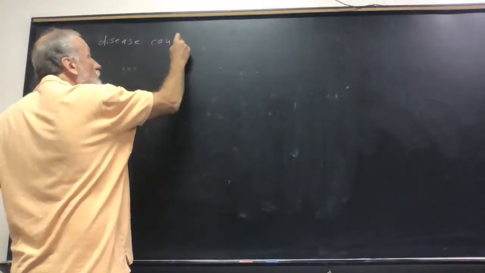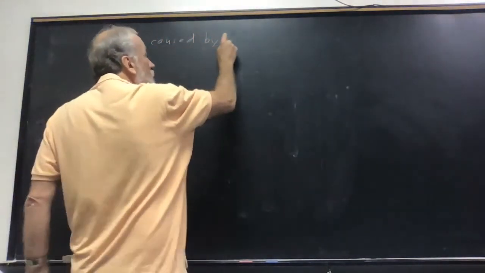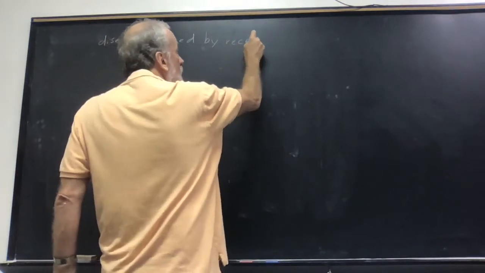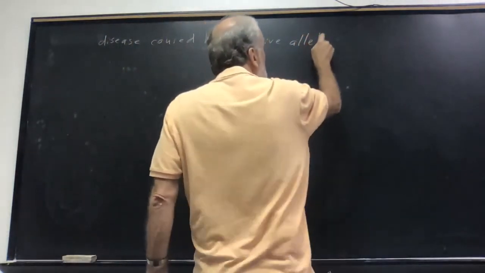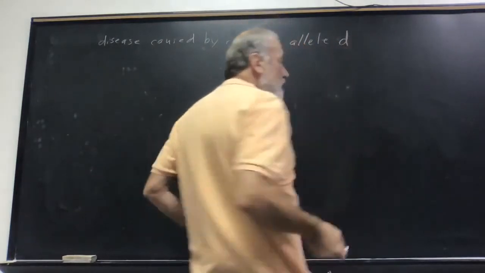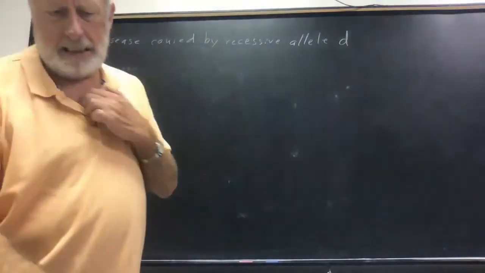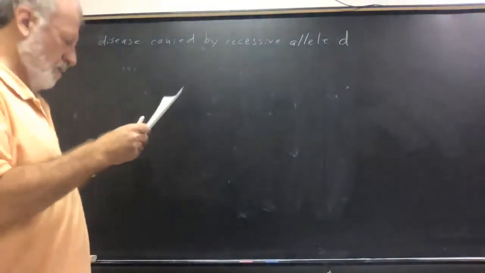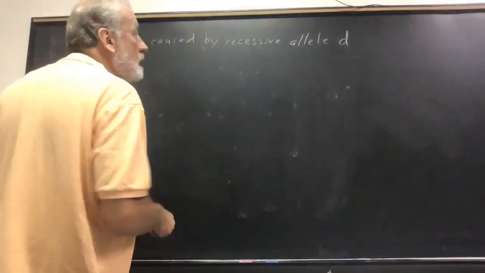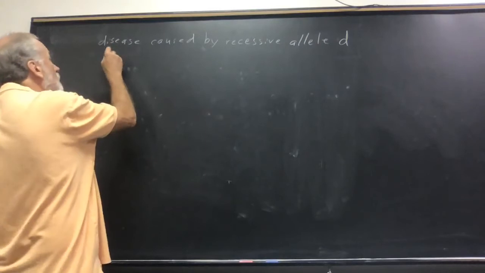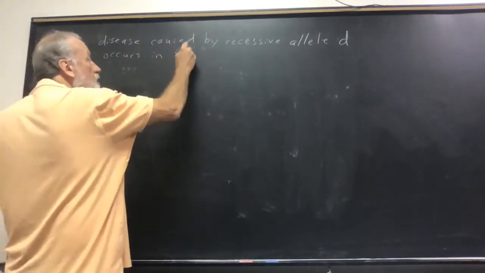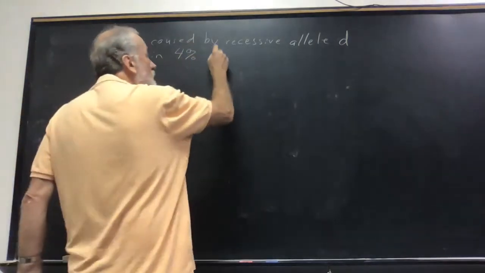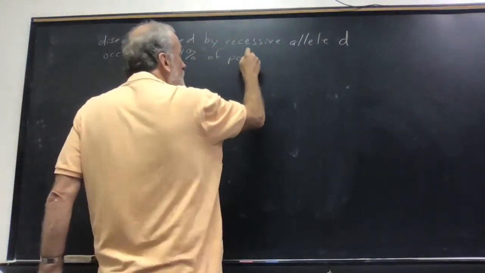And it's caused by a recessive allele, little d. And so it occurs in 4% of the population.